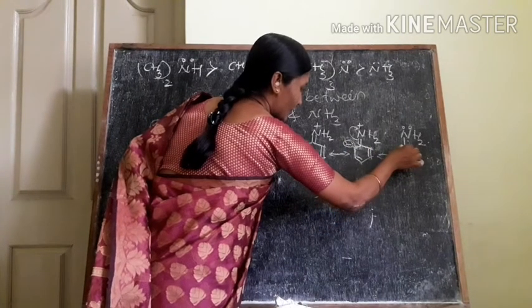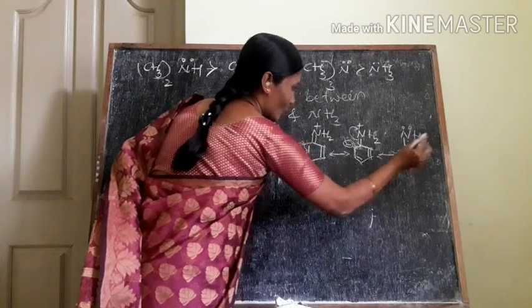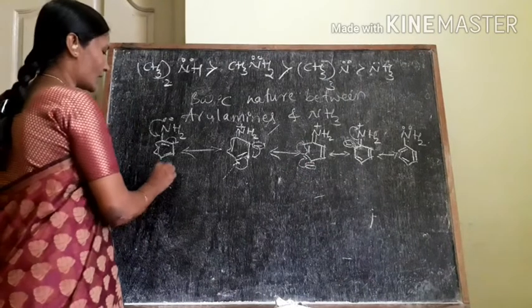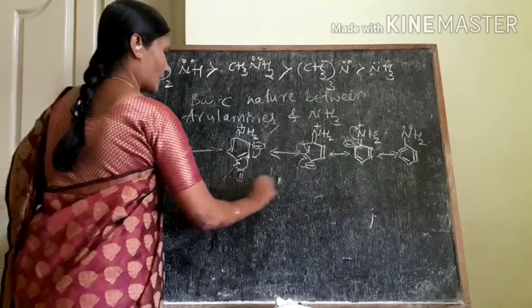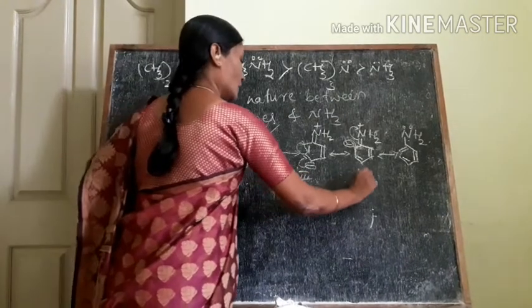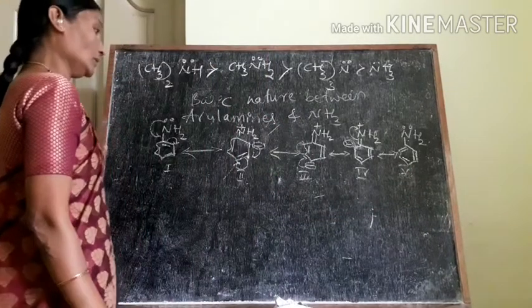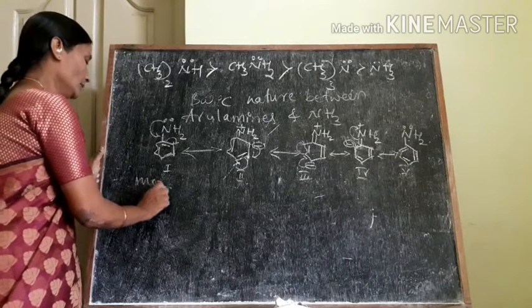This position gets a double bond. This double bond is already there, and next this position is a double bond. How many resonating structures are involved in this case? This is first, second, third, fourth and fifth. This makes the benzene ring more stable.